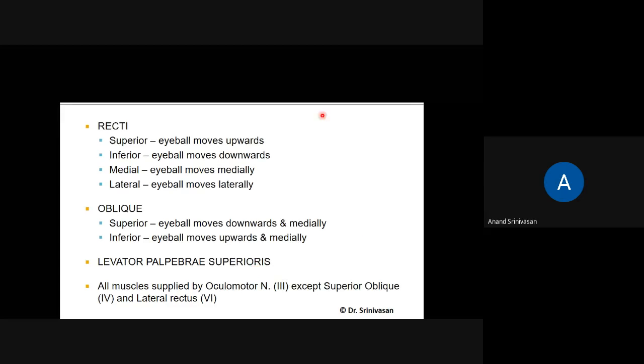Now all these muscles are supplied by the oculomotor nerve, except for the superior oblique and the lateral rectus.